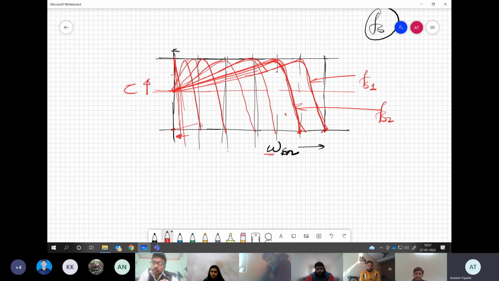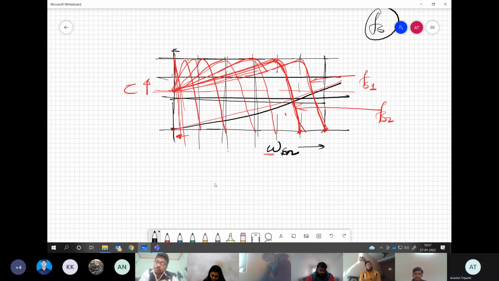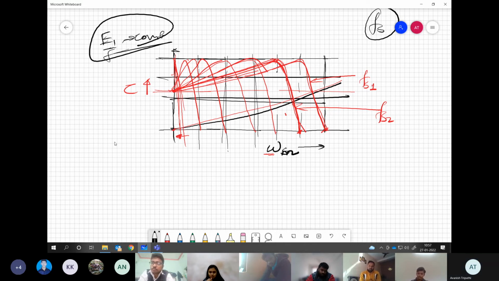Let us say even if you have a fan load, or you have a constant load of any value, anywhere, you can just adjust this operation by increasing the frequency slowly while maintaining E1 by F constant. Understanding my point? So here we have not degraded anything. We are always operating at the highest torque point.